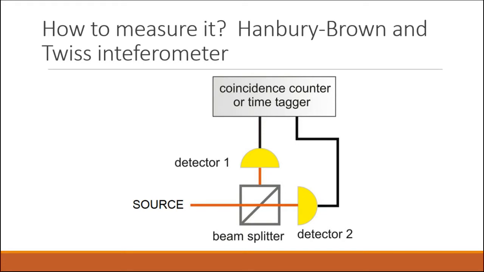There are three possible states: two photons in one detector, two photons in the other detector, or one in each detector. And what happens is that the probability of having one in each detector is greater than the other, and therefore this bunching effect will be favored. Basically, the experiments count the photons that reach the detector and the time difference between them.